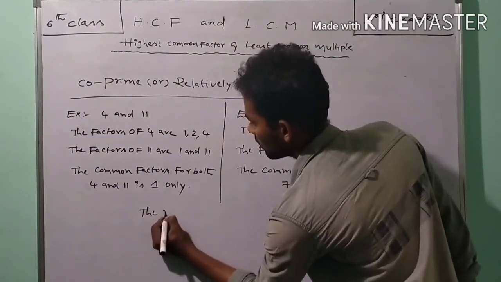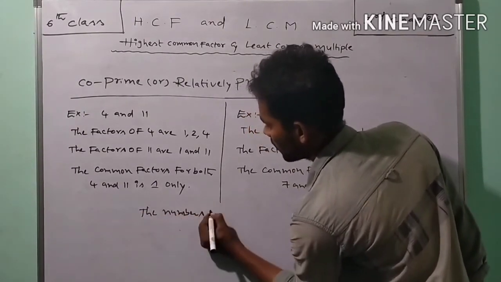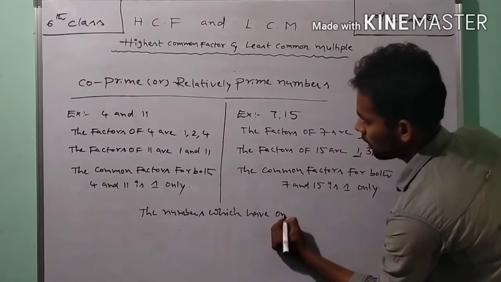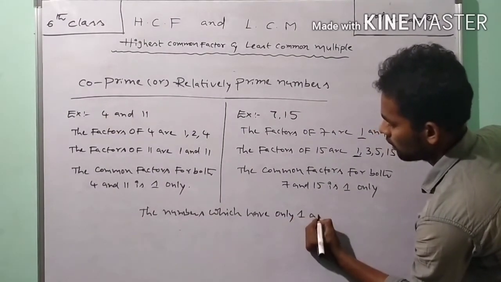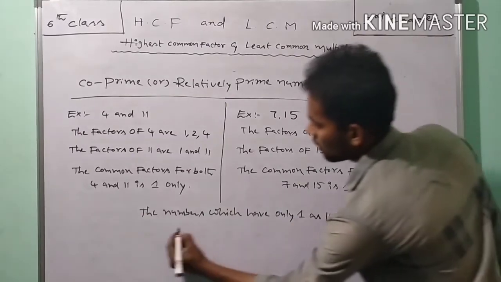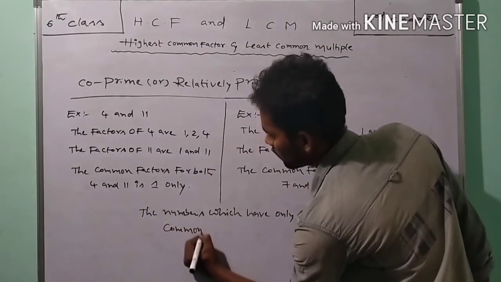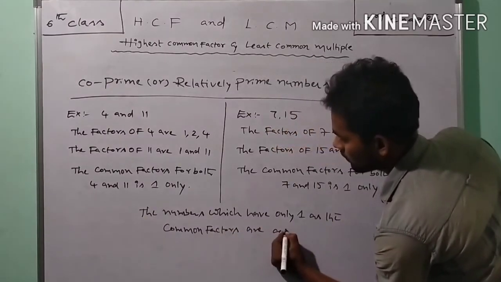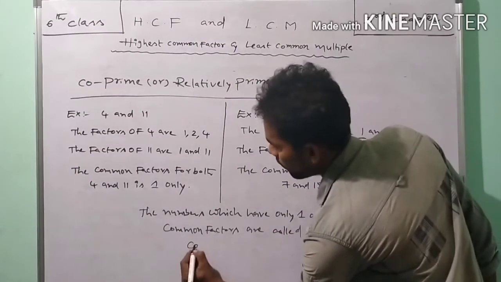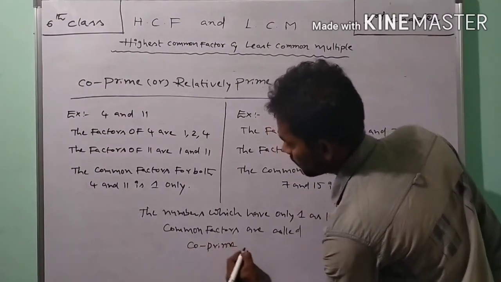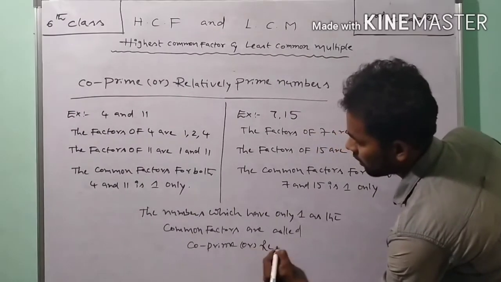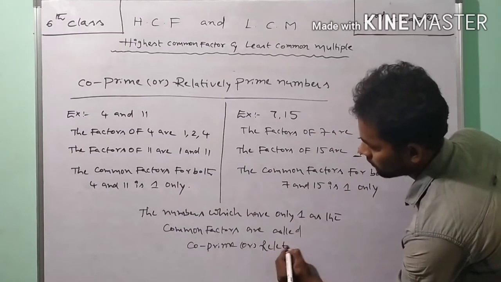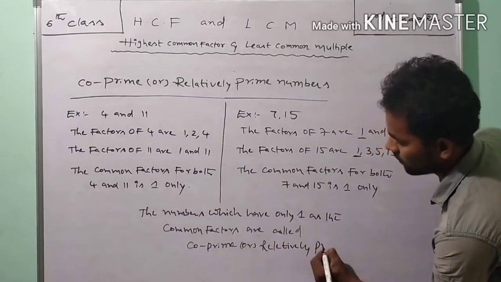The numbers which have only 1 as the common factor are called co-prime or relatively prime numbers.